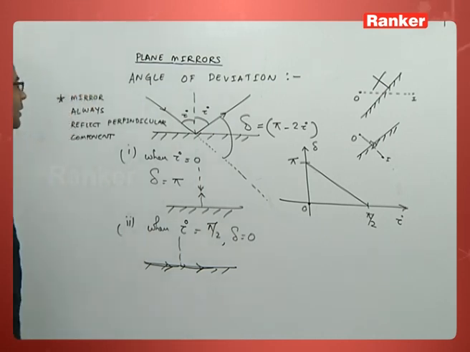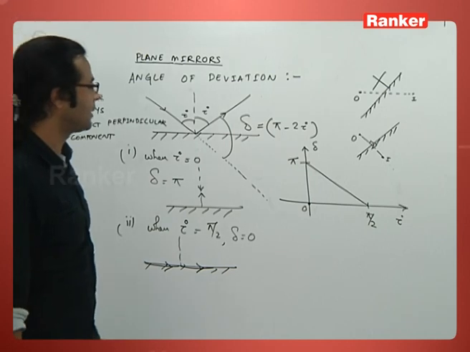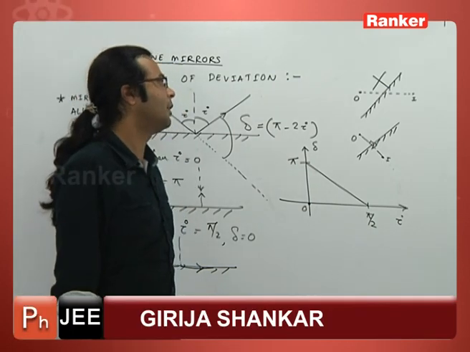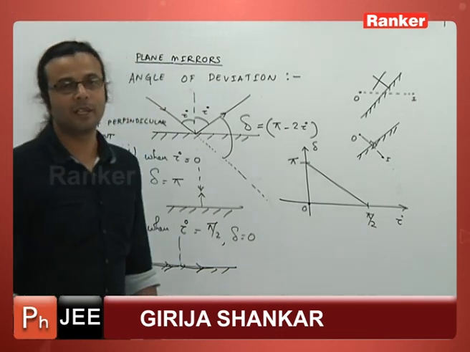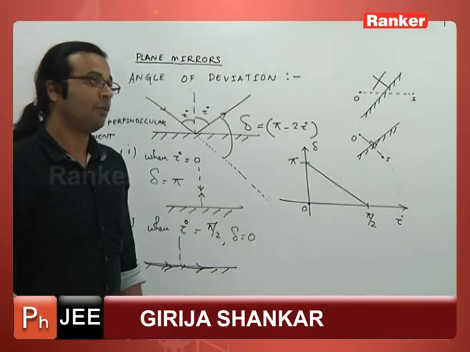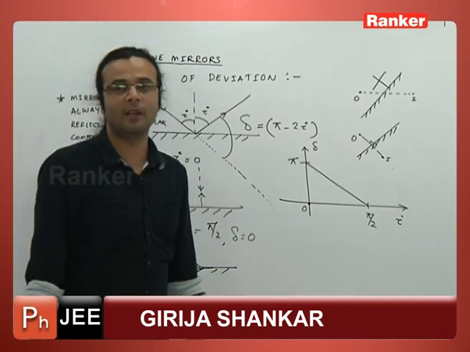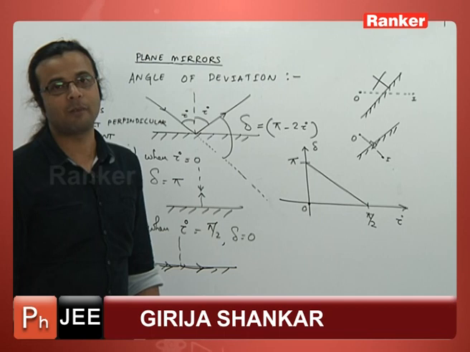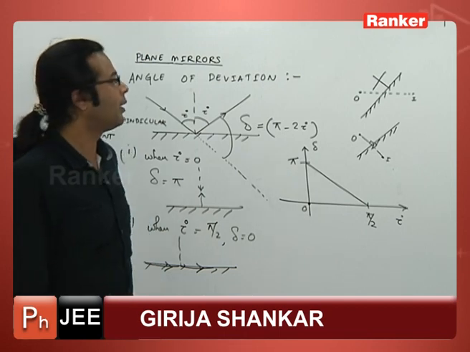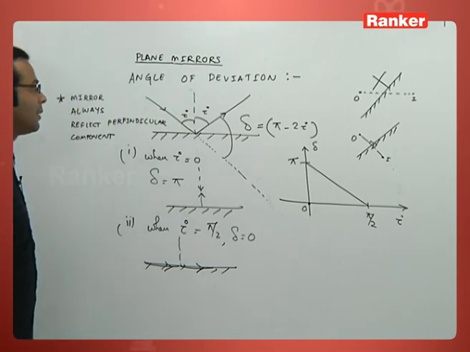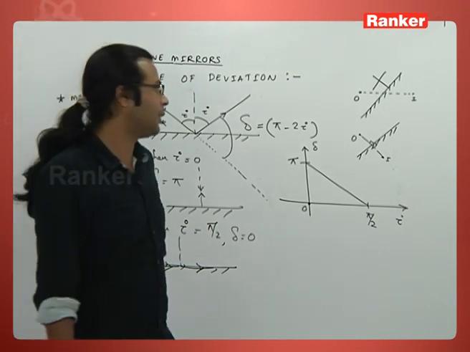This was all about the discussions about plane mirrors we have discussed so far. One concept is real object, virtual image, virtual object, real image. For the virtual image to form, rays should diverge after reflection, and for a real image to form, the rays should converge after reflection from the plane mirror.